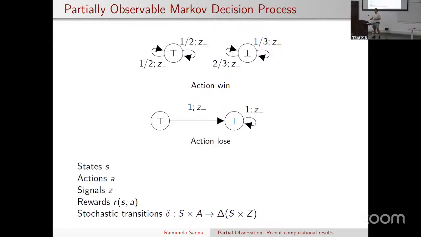Let's say that we start in both states with probability a half, but we don't know in which one. Perfect. Now we don't want to lose, so we want to win, and we play win. What happens? We know that we stay on the same state, whichever it was, and we receive a signal.